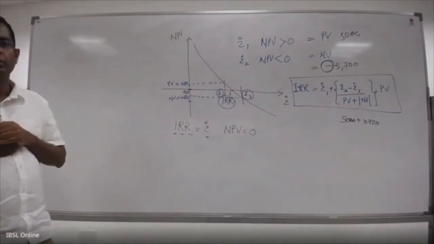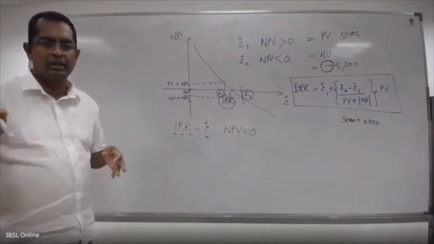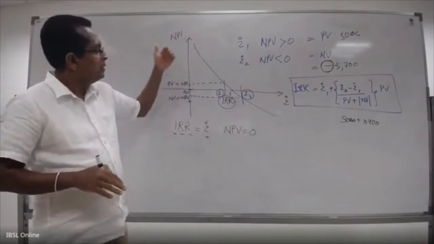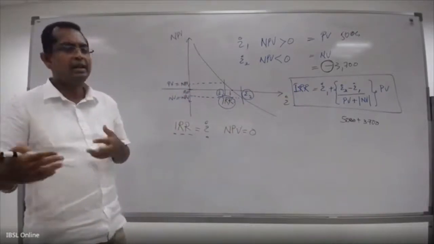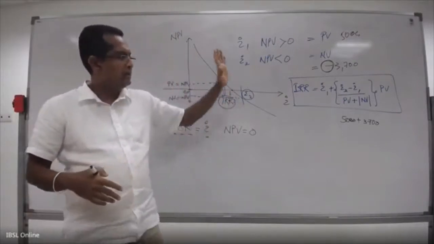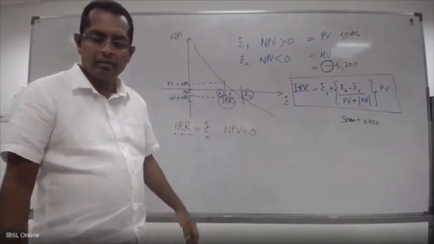So you can use Excel to calculate IRR. It is very easy. If you don't use this, we used to do several trial and error methods to find out IRR. Since we have this formula, you can find out IRR by using that formula.